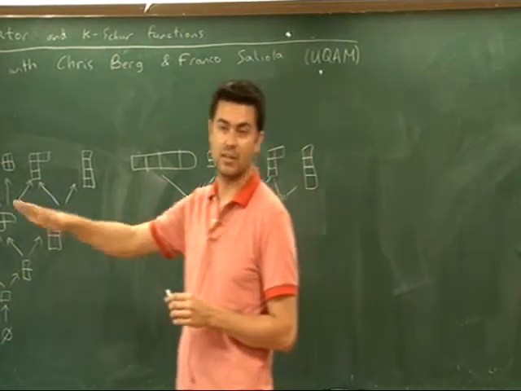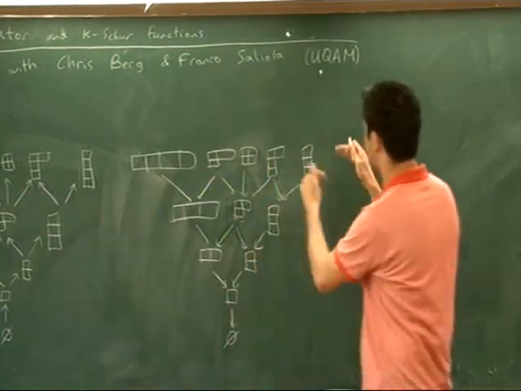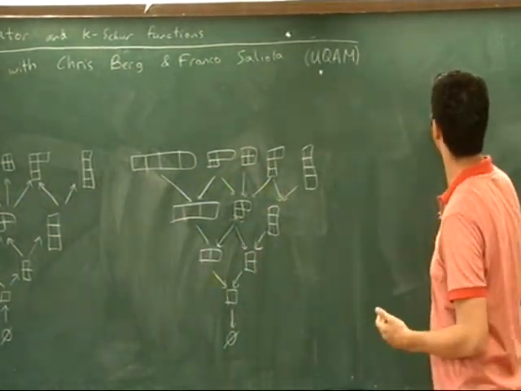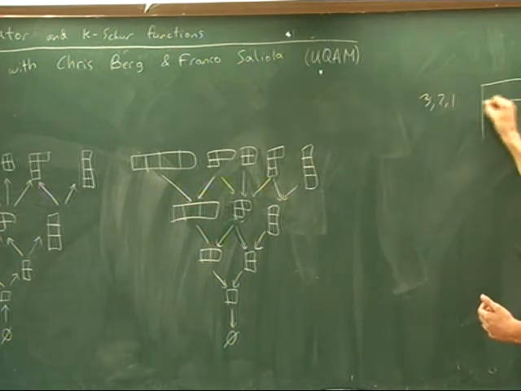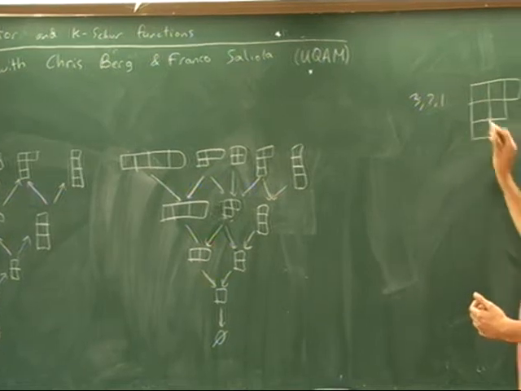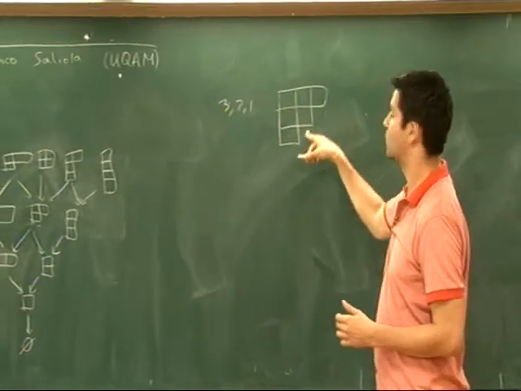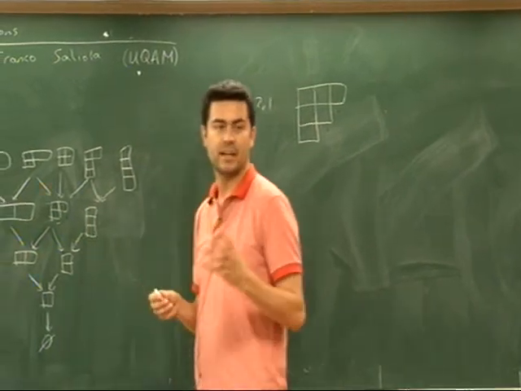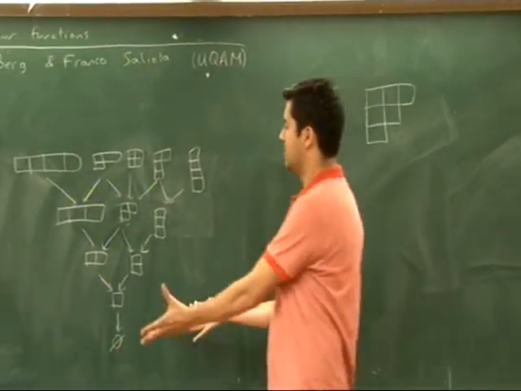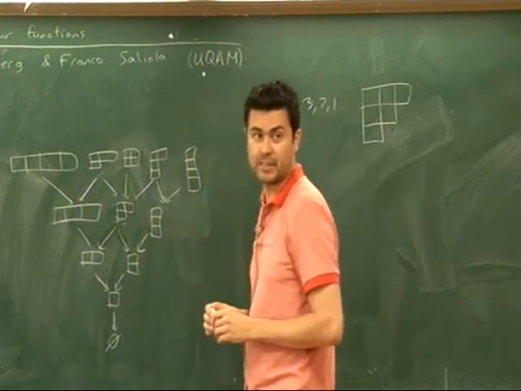Partitions: I'm encoding, for example, the partition 3, 2, 1 by this diagram, like a Ferrers shape with rows 3, 2, and 1. And I'm ordering them in a poset, a partially ordered set, by inclusion.